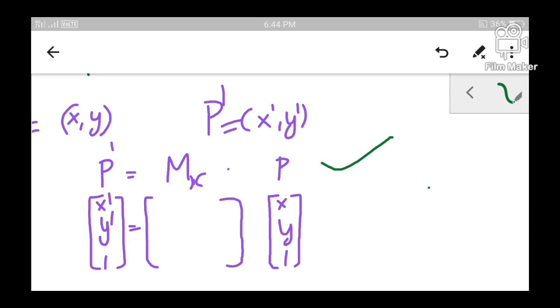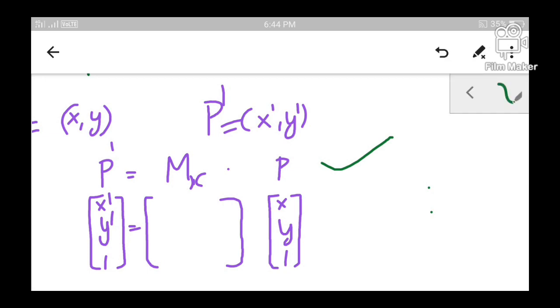What is the value of n here? In a two-dimensional frame, the value of n is 2. Since n is 2, n plus 1 becomes 3. So, we are going to represent a two-dimensional frame using 3 coordinate values in such a way that there is no change in value.